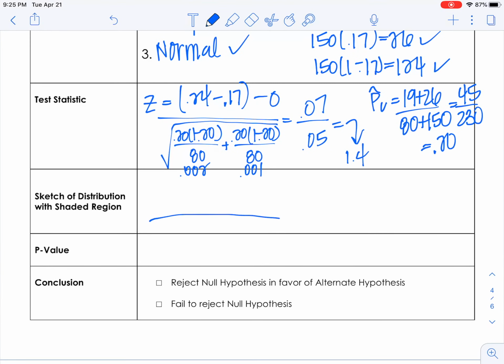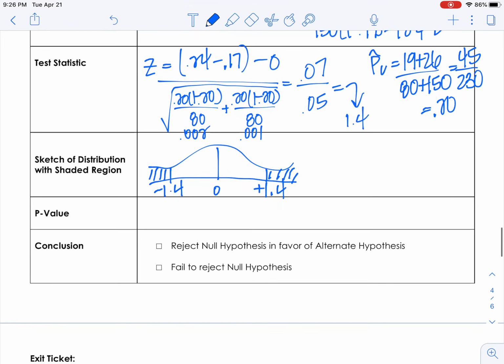Now remember, this was not equal to, so I'm going to be centered at 0, but have negative 1.4 and positive 1.4. And I'm going to look at this area to the left and this area to the right. And when I find that p-value, I'll do normal CDF. I always do that lower percent.